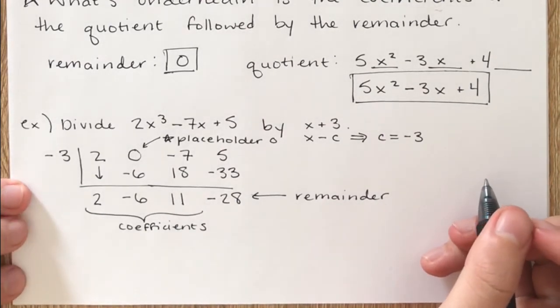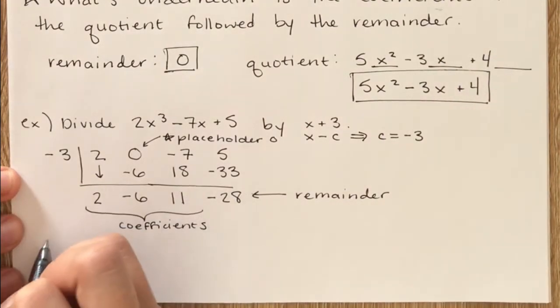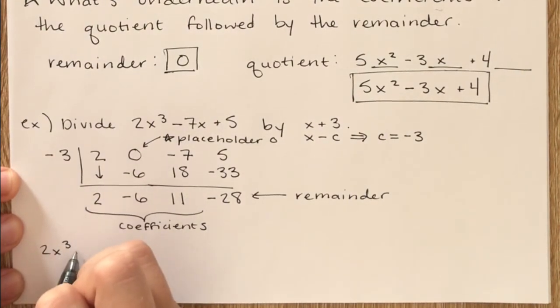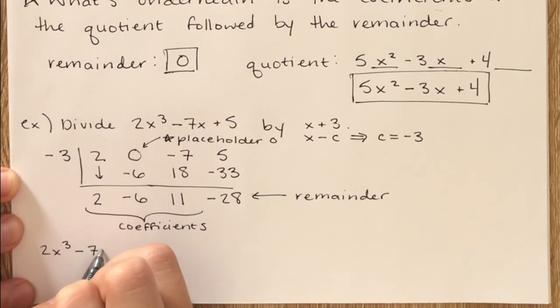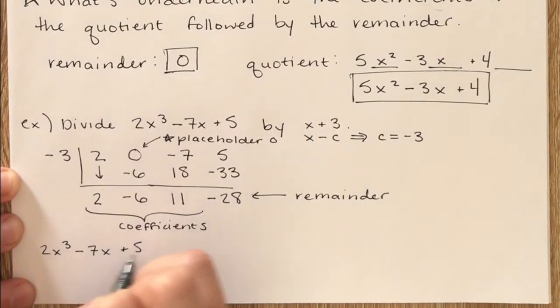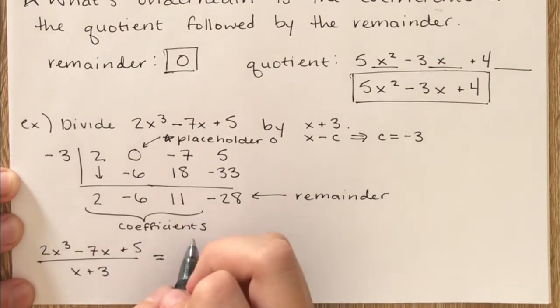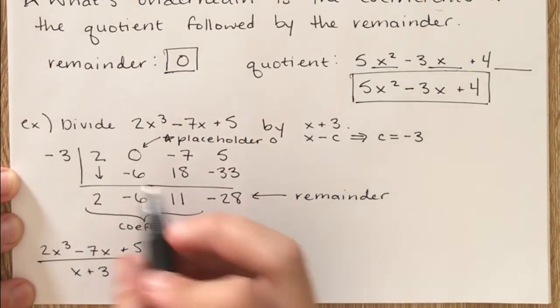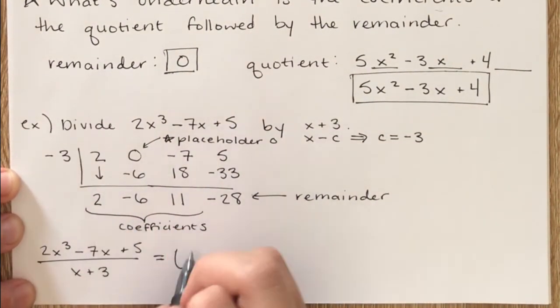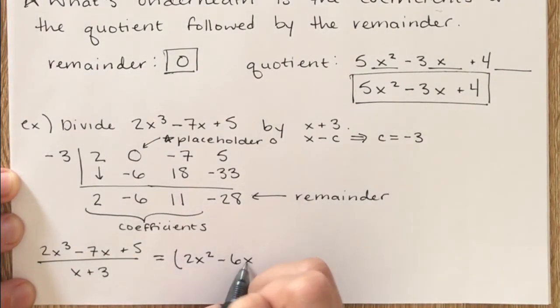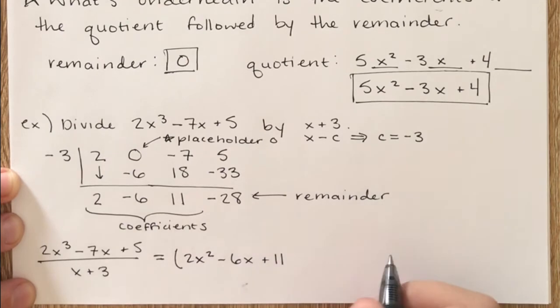So what does this mean? This means that I can write 2x cubed minus 7x plus 5 divided by x plus 3 as our coefficients, which tell us our quotient is 2x squared minus 6x plus 11.